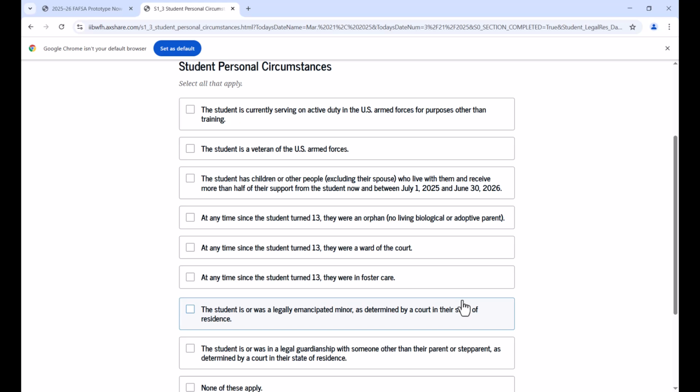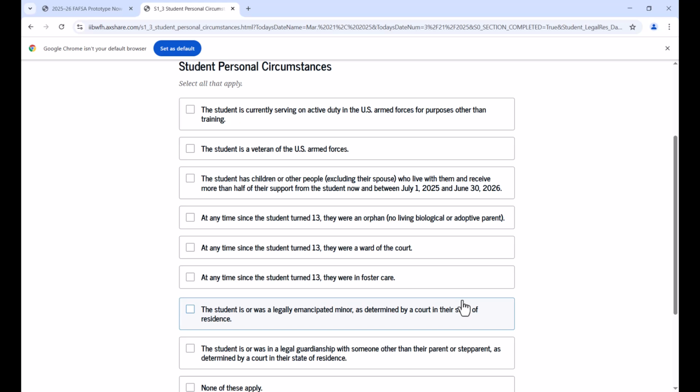Going on to the next question, at any time since the student turned 13, they were an orphan, meaning they had no living biological or adoptive parent. I'm going to also read the next two as they pertain to the same phrase. The next one as well, at any time since the student turned 13, they were a ward of the court. And then lastly, at any time since the student turned 13, they were in foster care.